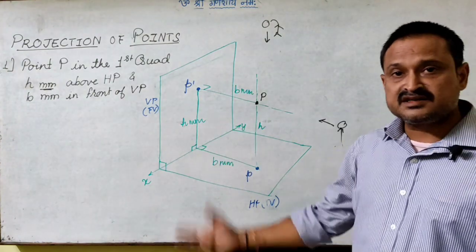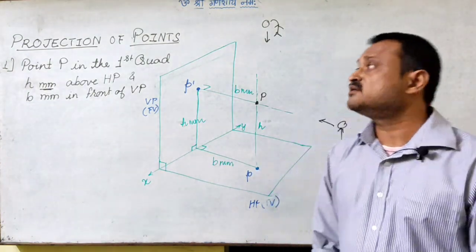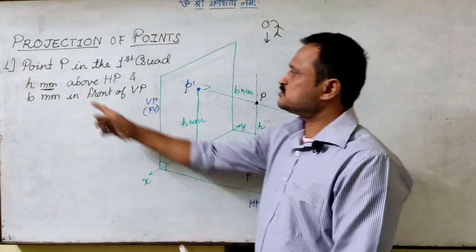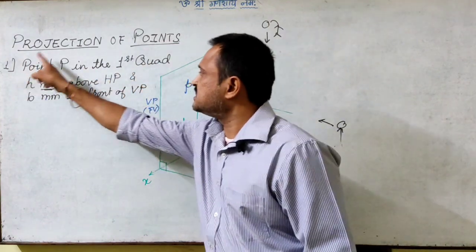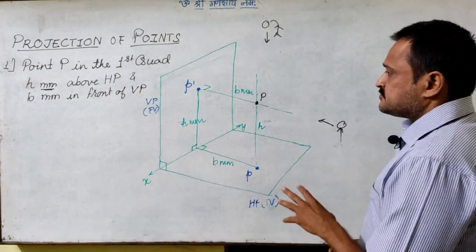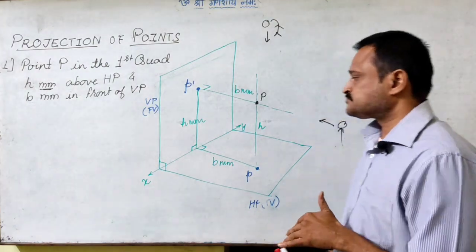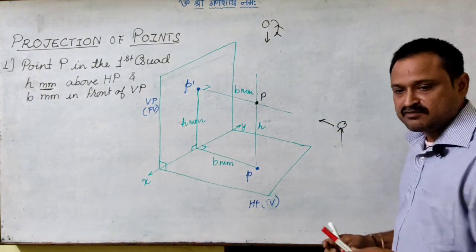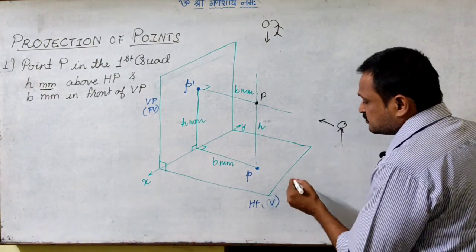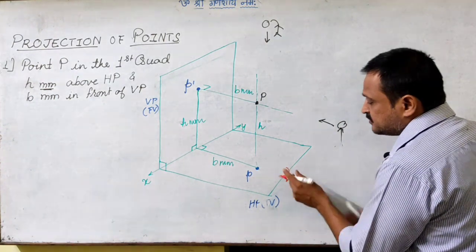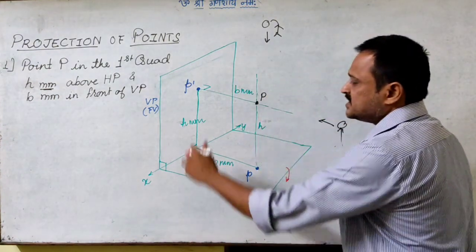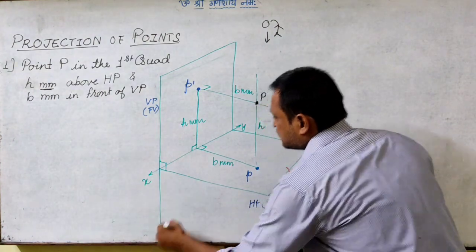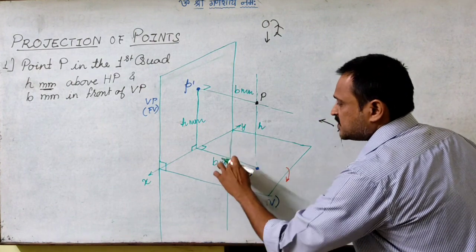Now I have to convert this drawing into a two-dimensional drawing, which we call the orthographic projection. So for that, I'll have to bring it to coplanar, right? What we do is, as if we rotate the horizontal plane by 90 degrees and make it coplanar with the vertical plane.